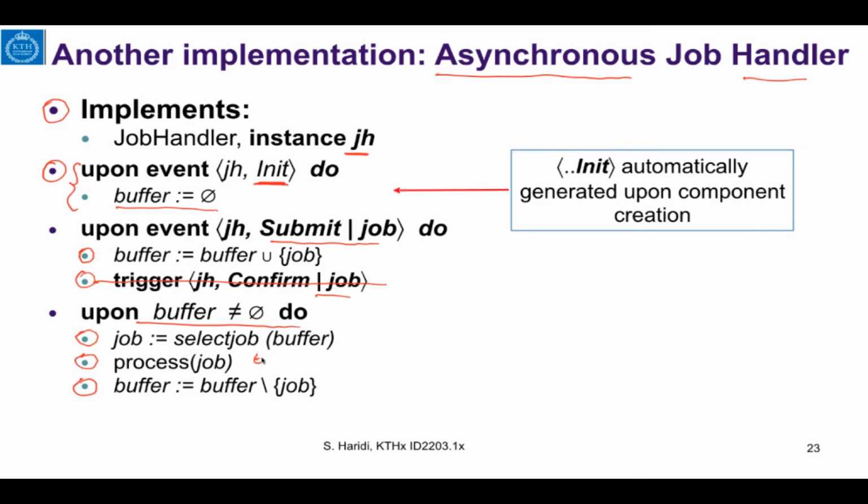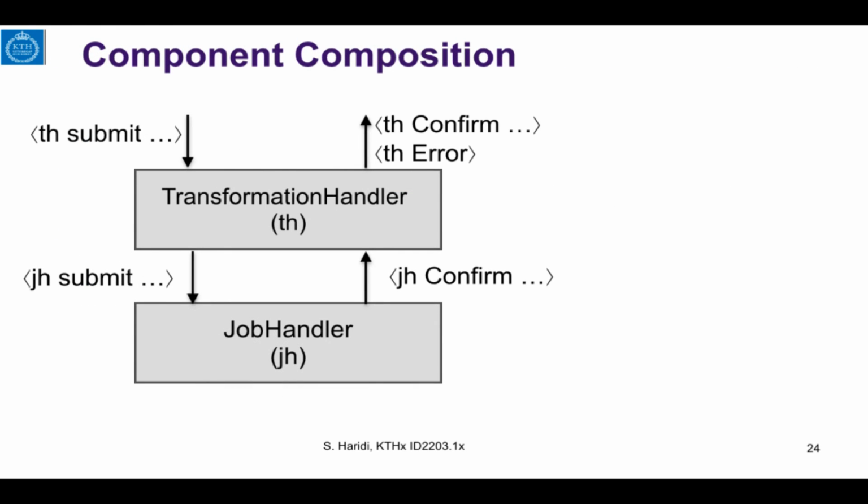So you have here trigger, process job, and here is the confirm job. So this is another implementation that satisfies the specification, but now you can see that the output could be a sequence of submits followed by a sequence of confirms, which is quite different from the original sequence allowed by the synchronous implementation.